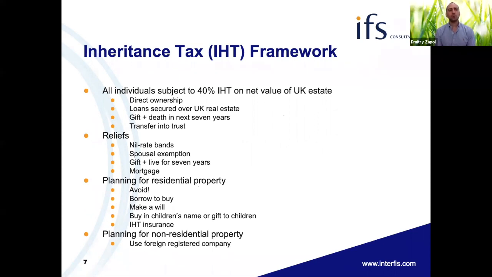You can also put the property into joint names with the children, because effectively you're spreading the risk and you can claim multiple nil rate bands. But if your children are minors, you may not want to do it. And you can take out inheritance tax insurance.